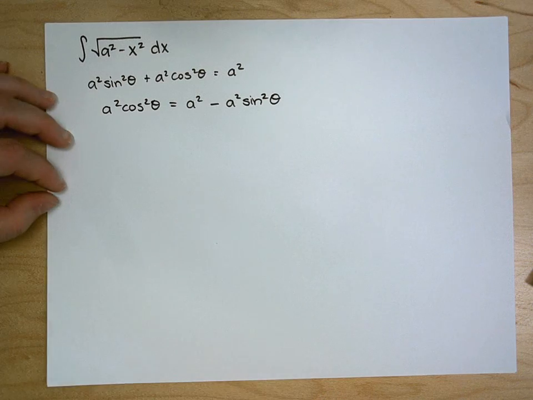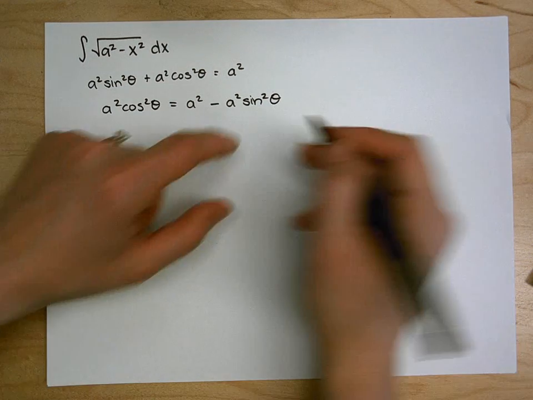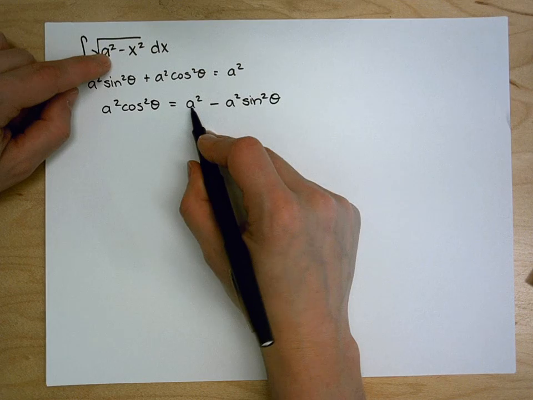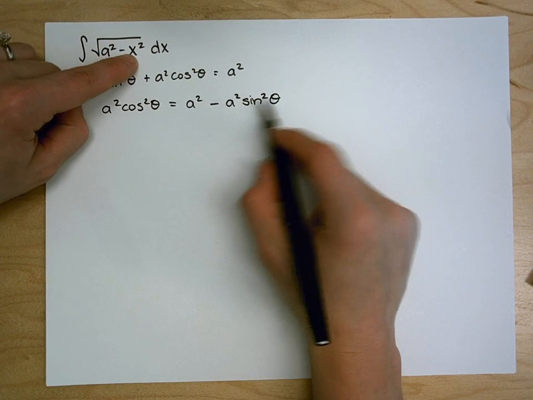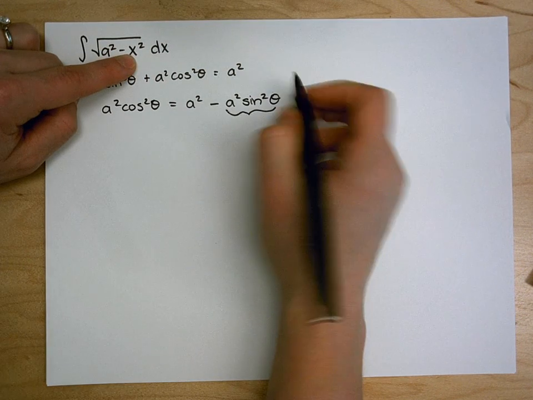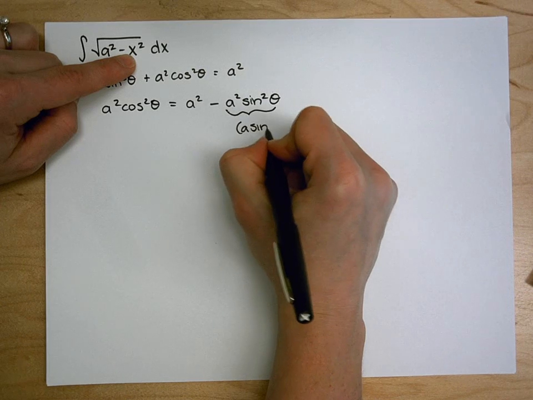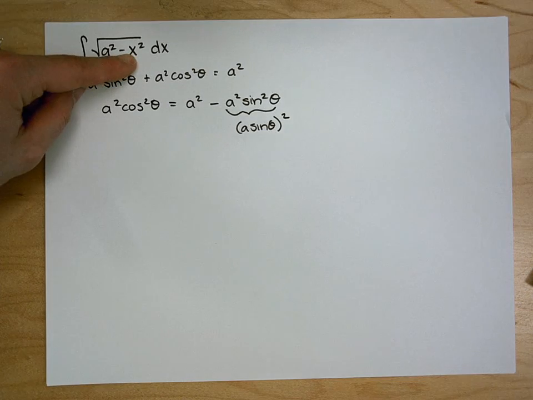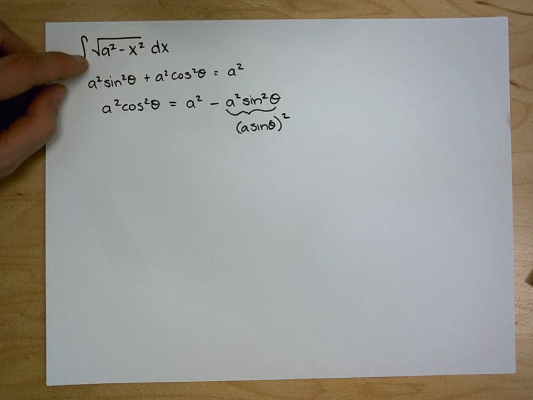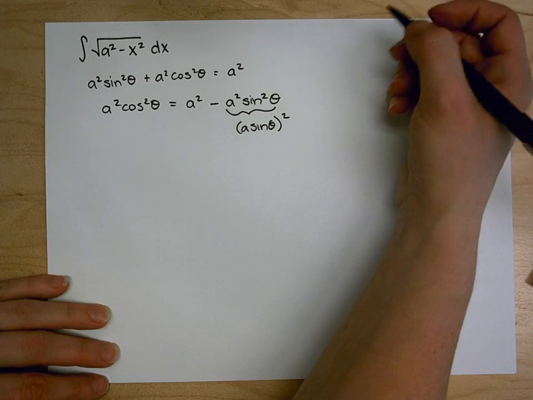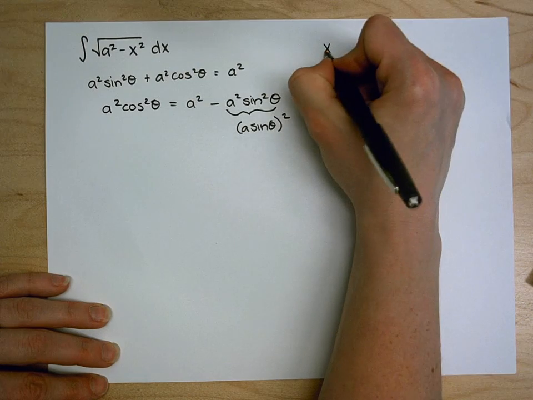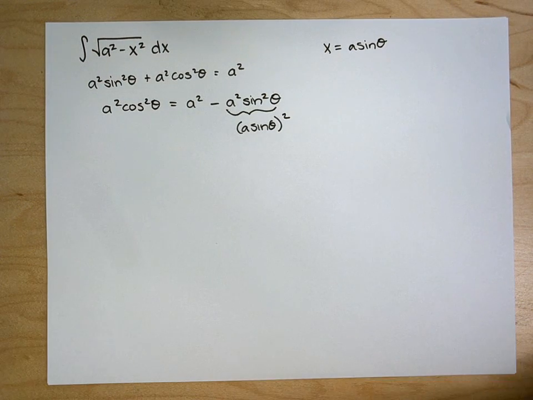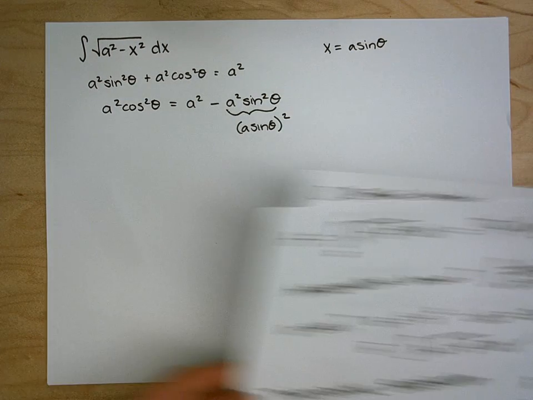So notice this is similar to what I have here. I have a squared minus something squared. Now, to get a better idea of what that something is, I can think of it as being written as a sine theta all squared. So in a situation like this, what I would want to do is let x equal a sine theta. Now notice that was the case with what we did earlier when we had root 1 minus x squared.